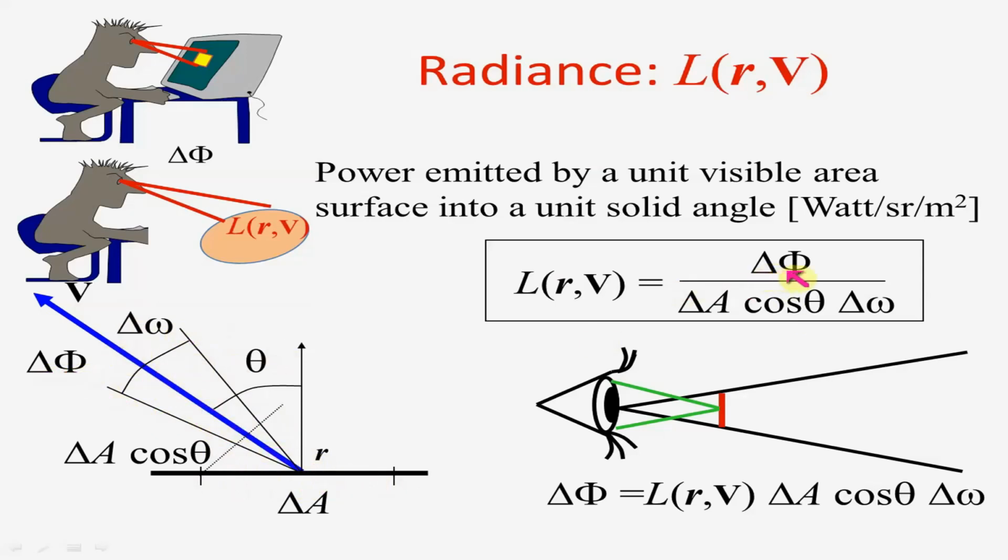If we take the radiated power and divide with the visible area, the visible area also takes into account that when we look at the surface from a non-perpendicular direction, it looks smaller, and the factor is just this geometric term. And we should also divide the power with the solid angle of the radiation, delta omega.